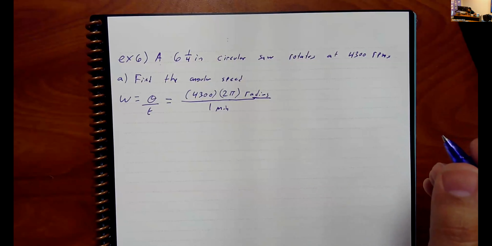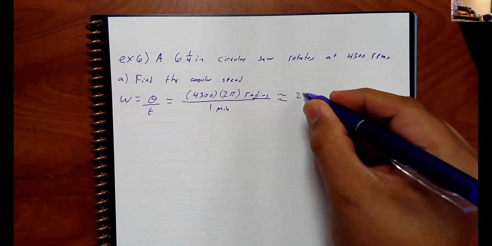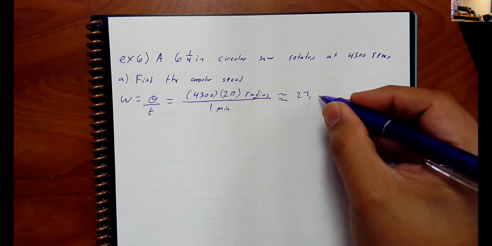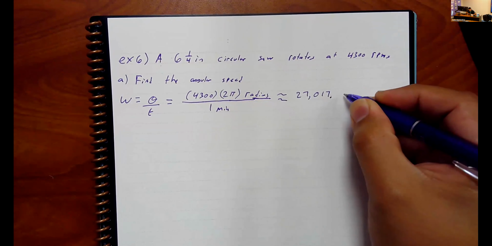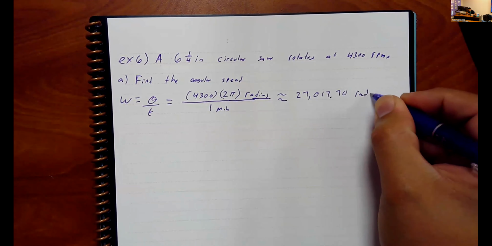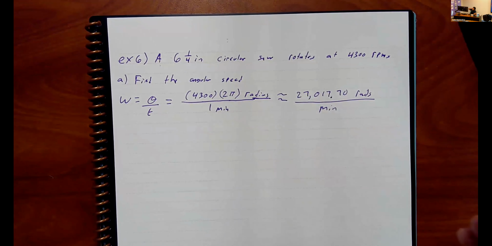So punch into your calculator, that should be about 27,017.70 rads per minute. Any questions on how we found angular speed?